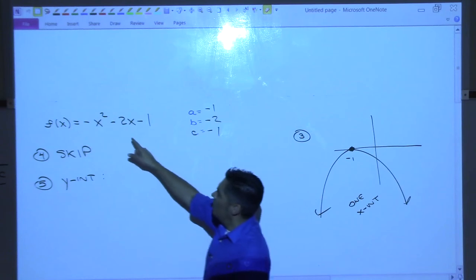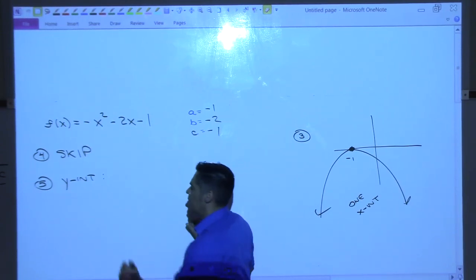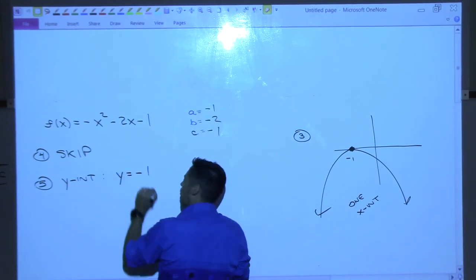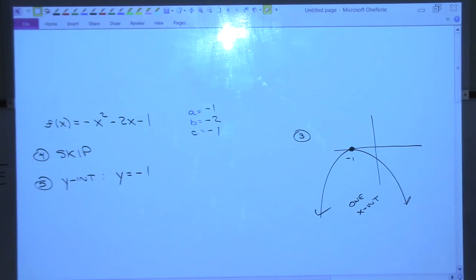Don't know? You just look at the quadratic, that number right there. Okay? So y equals -1 is our Y-intercept. And at this point, we should have enough to graph.